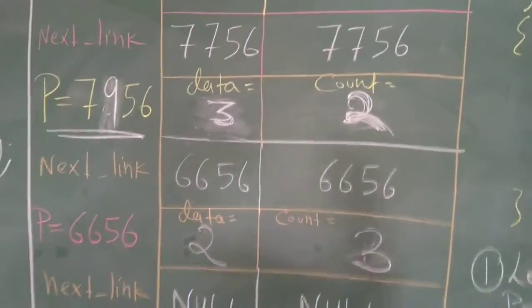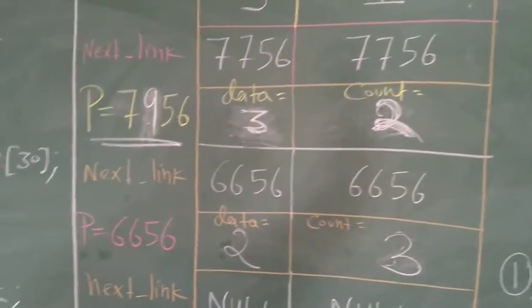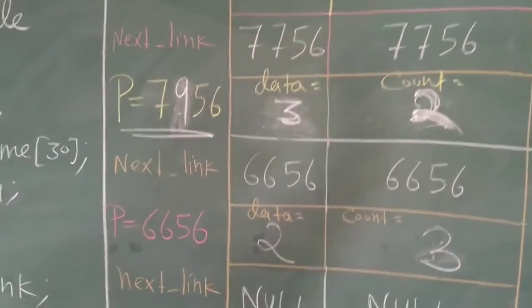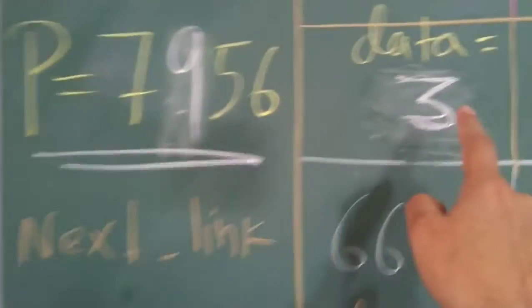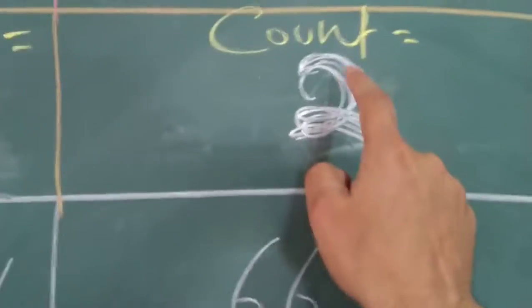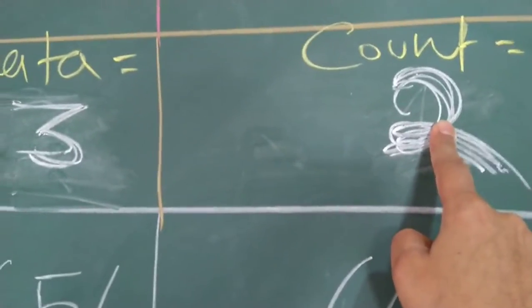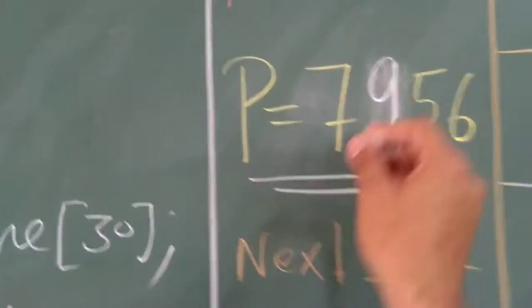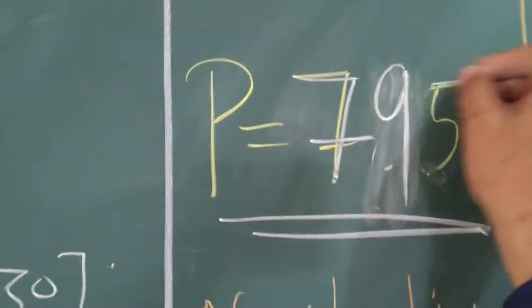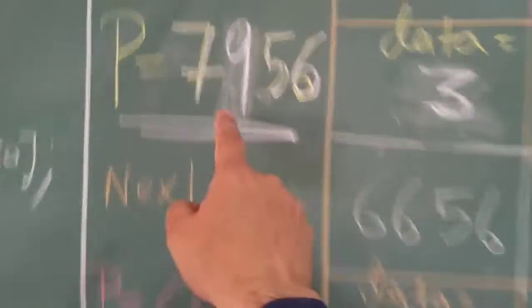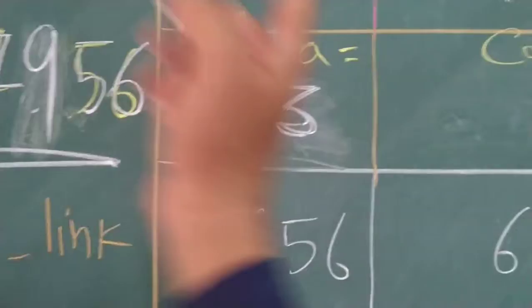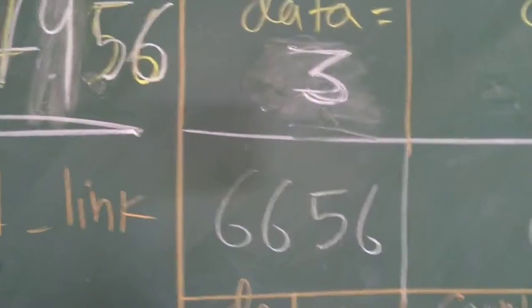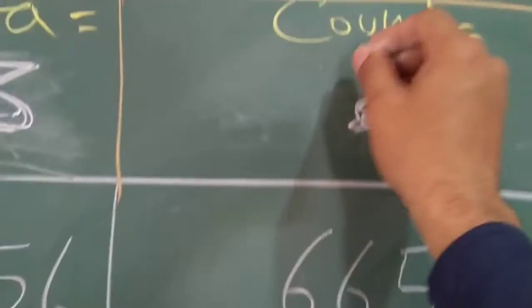This problem I am giving you, you have to solve it. Whenever the data is the same, in this condition the count will increase. But the allocated memory will automatically be destroyed, because there is already one address available. This address is already holding this 3. So once you created one P, it will be automatically destroyed, and the data will come here.